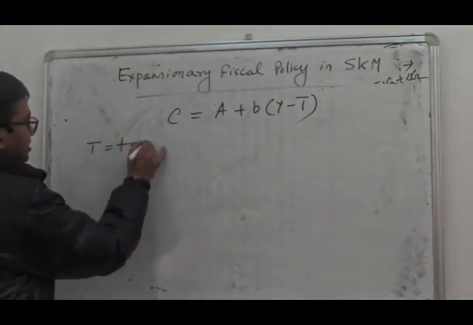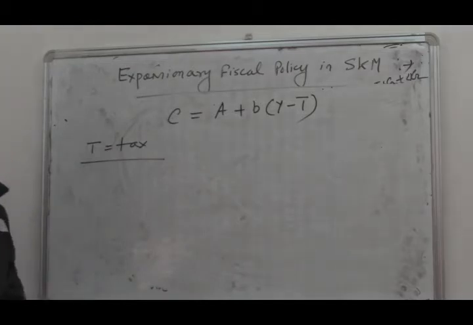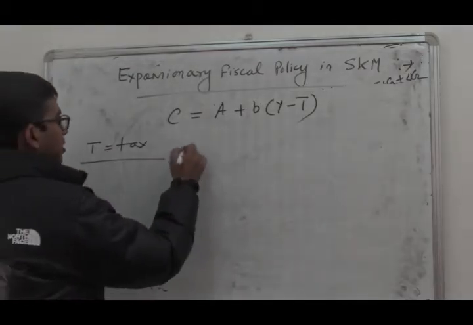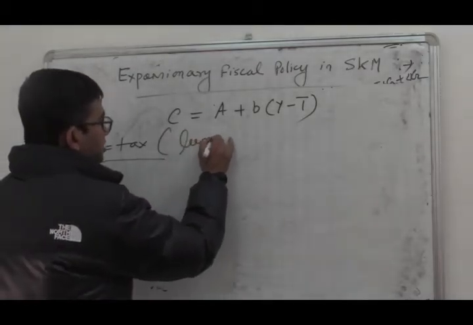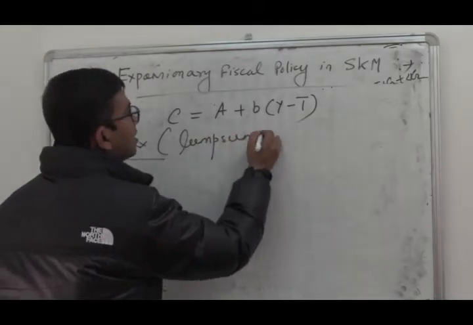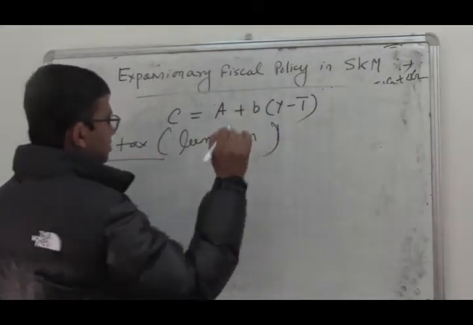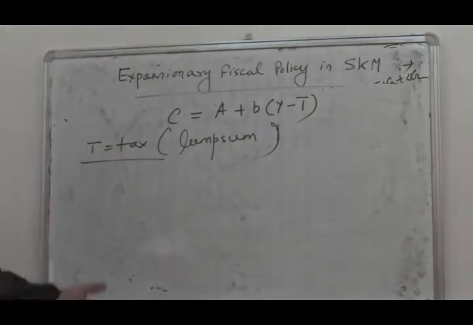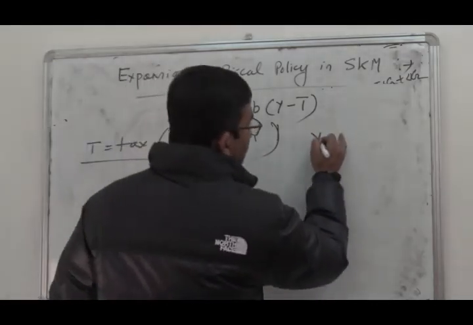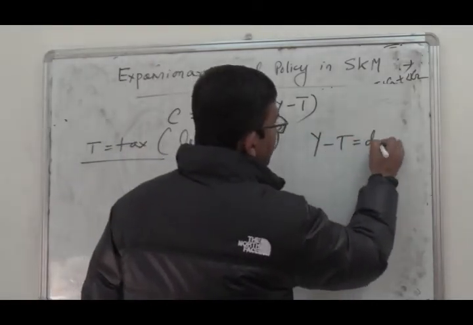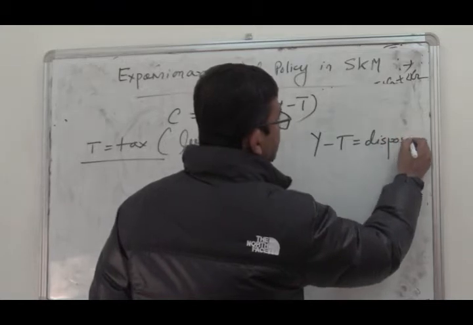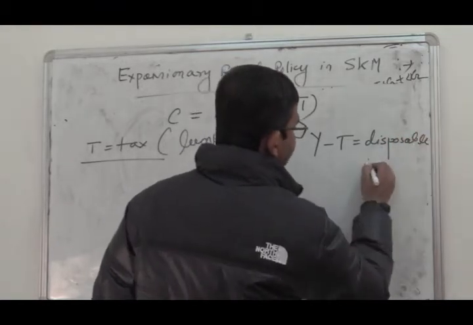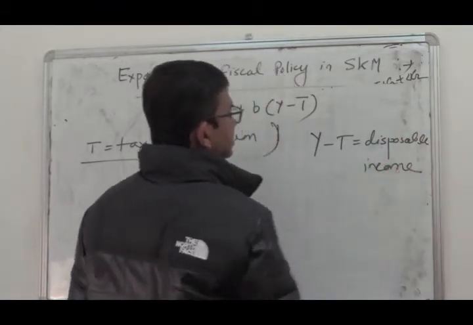T is tax. And here for the first time we are considering the case of a lump sum tax. This T indicates the lump sum tax, and this Y minus T will be nothing but the disposable income in the economy.